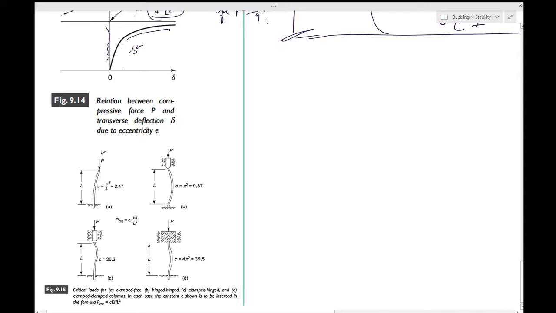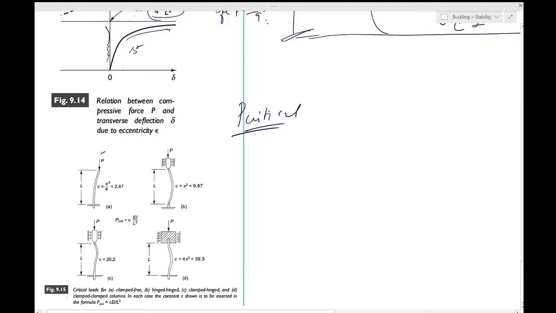But if you had roller supports, which will force this movement to be only in the vertical direction, and there are other cases which we discuss. So the point is that the critical load, P critical, is very sensitive to the nature of the supports at the ends of the column.